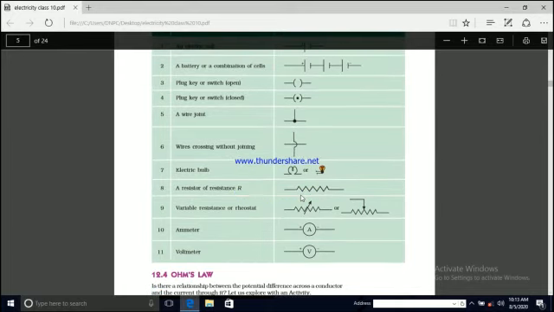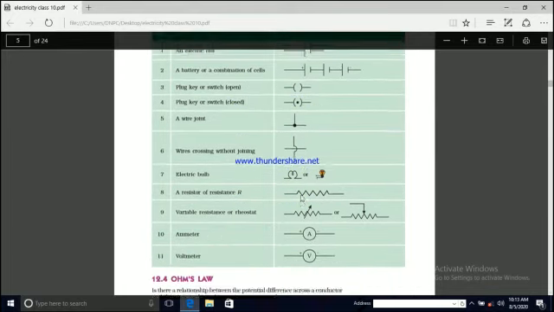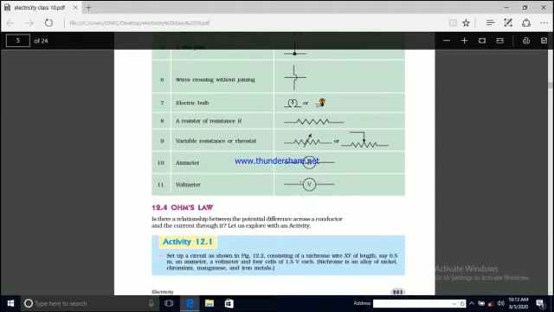Battery has positive and negative terminals; similarly, an ammeter also has positive and negative terminals. The positive terminal should always be connected to the positive terminal of the battery, and the negative terminal of the ammeter should be connected to the negative terminal of the battery. And the ammeter should always be connected in series in the circuit.